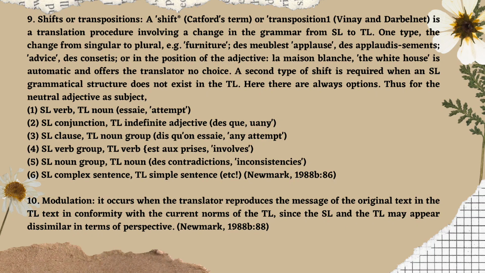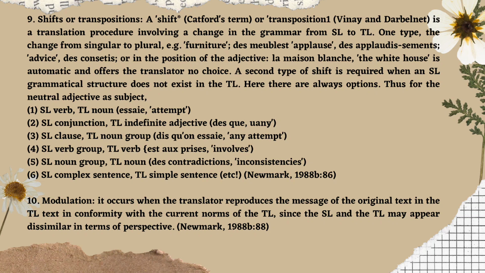The next slide, number 9, shift or transposition. A shift or transposition is a translation procedure involving a change in the grammar from SL to TL. One type, the change from singular to plural, for example furniture, applause, advice, or in the position of the adjective like the White House, is automatic and gives the translator no choice.